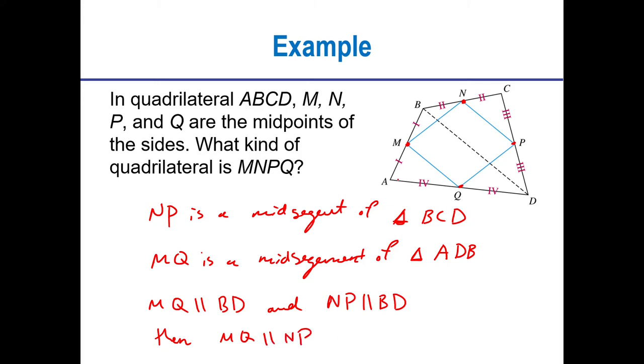If you construct a diagonal from A to C, you can do a similar proof and also prove that MN is parallel to QP. Since MQ is parallel to NP and MN is parallel to QP, we have that this quadrilateral must be a parallelogram.